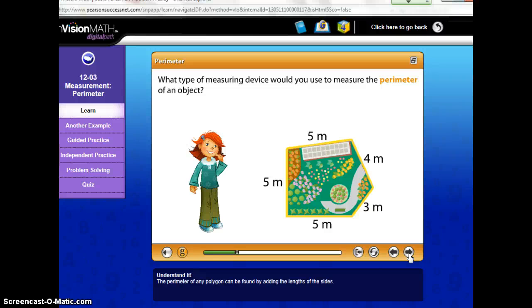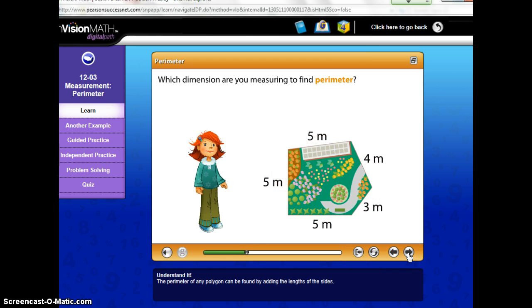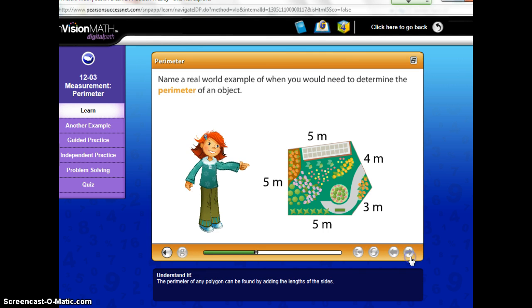Centimeters, but that's not a tool. What tool would you use? A meter stick is one. A ruler is another. A tape measure is another. Those are all good examples. What dimensions are you measuring? Well, when you're measuring perimeter, you're measuring the length of the sides, how long each side is.